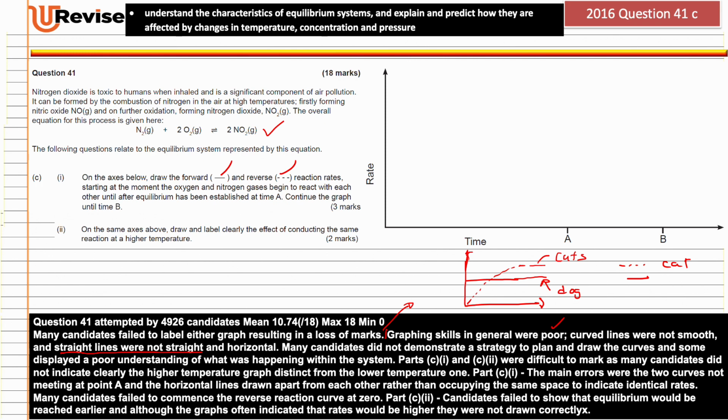Many candidates did not demonstrate a strategy to plan and draw curves. Now, this is my strategy for drawing curves. Let's say I want to draw a curve that goes from this point and all the way ends here, but it passes through that point.